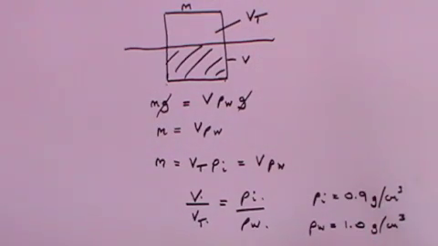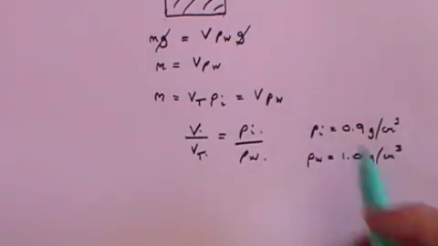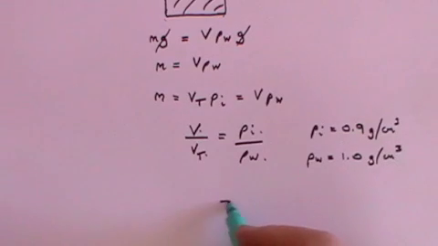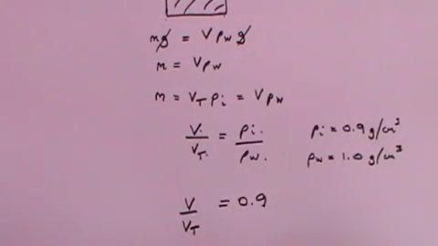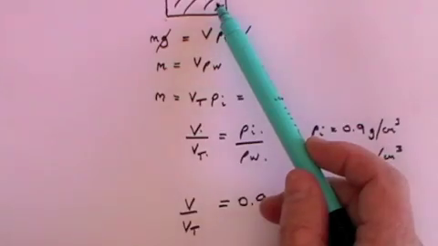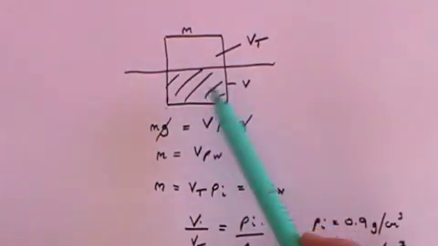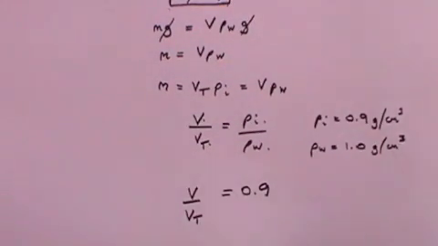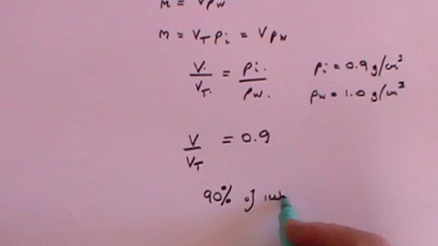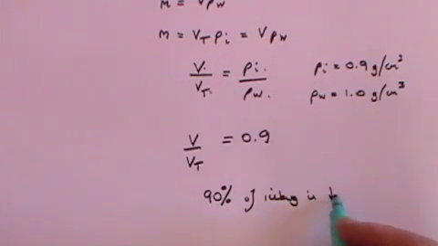It will be slightly more dense because it's got salt in it. And so you can see that 0.9 divided by 1 is 0.9. And that is V divided by V_T, which means that the volume that is underwater divided by the total volume is 0.9. In other words, 90% of the iceberg is underwater.